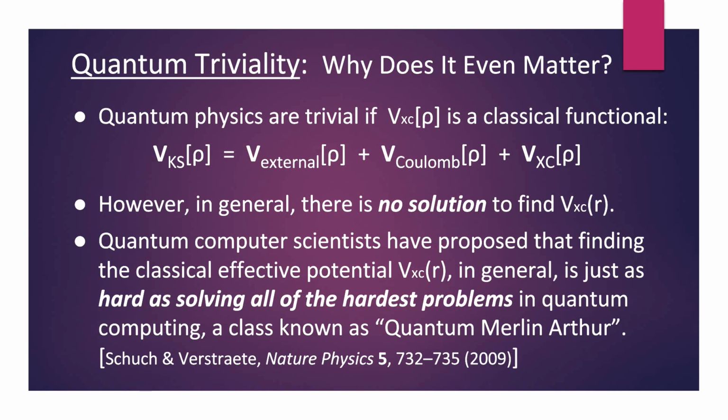So it seems unlikely that even though in principle the classical exchange correlation function can reproduce all the consequences of quantum physics, in practice we will be able to find a simple solution to this problem.